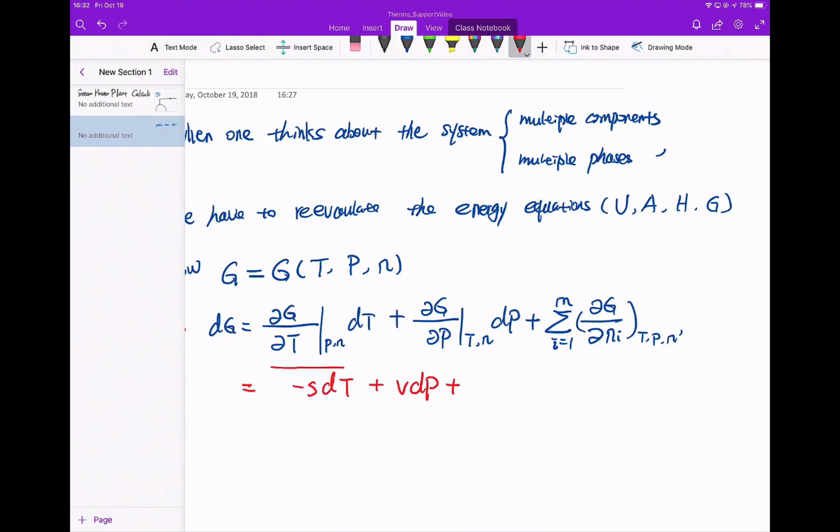But the following term is slightly complicated, involving a new partial derivative.